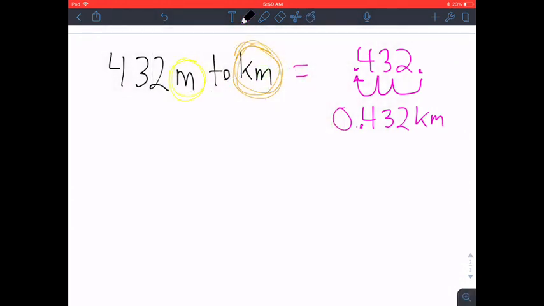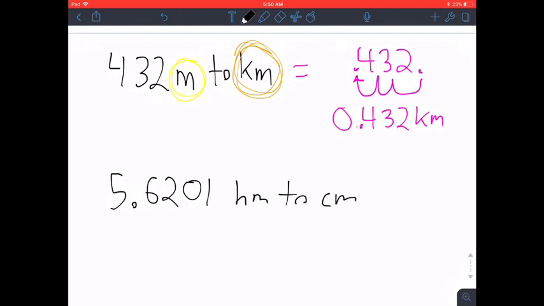Alright, let's try another number. Let's do 5.6201 hectometers to centimeters. Okay? Alright, so our first starting unit is going to be hectometers.